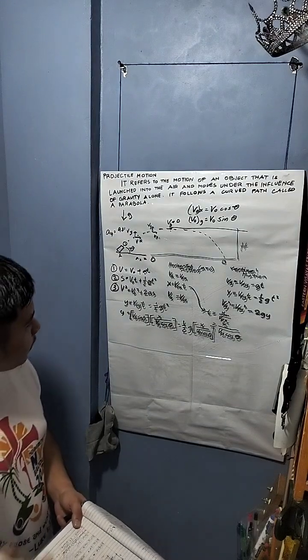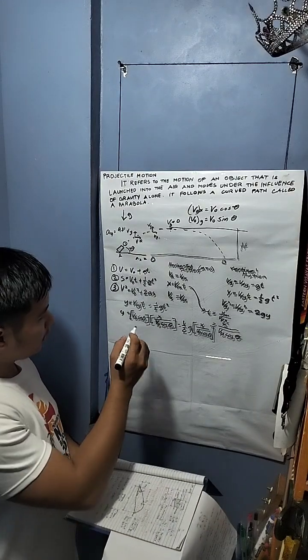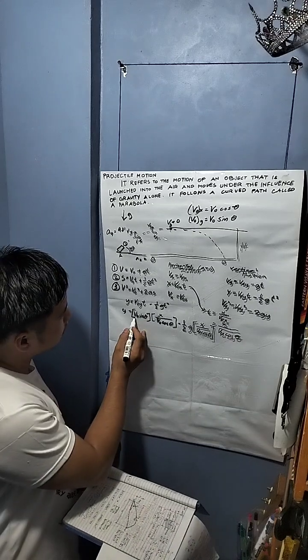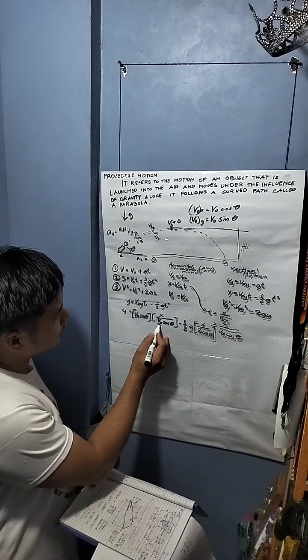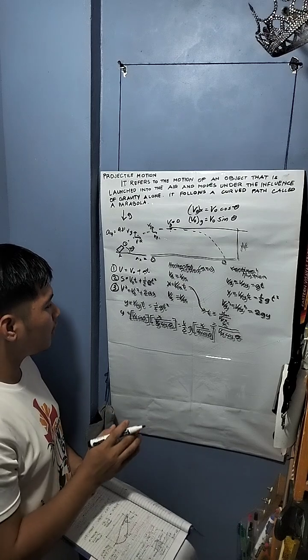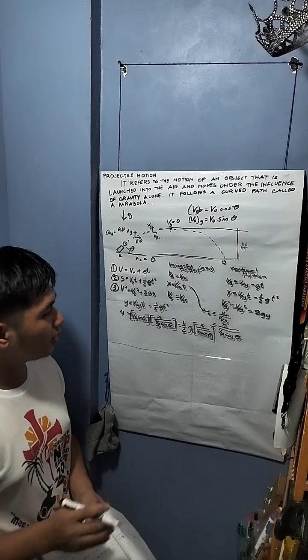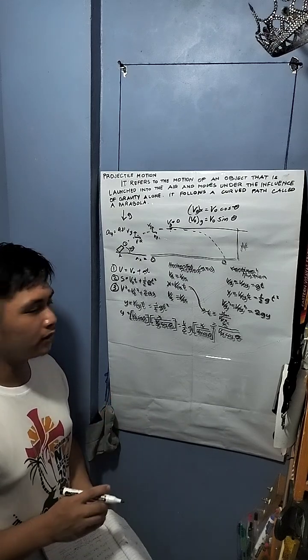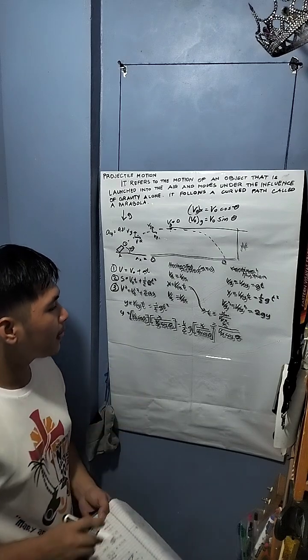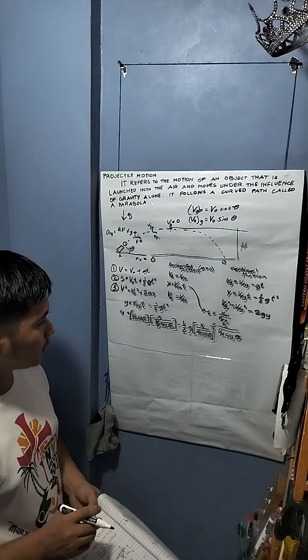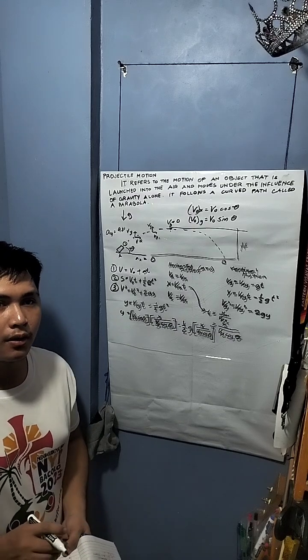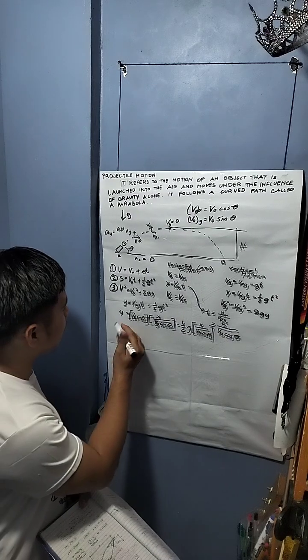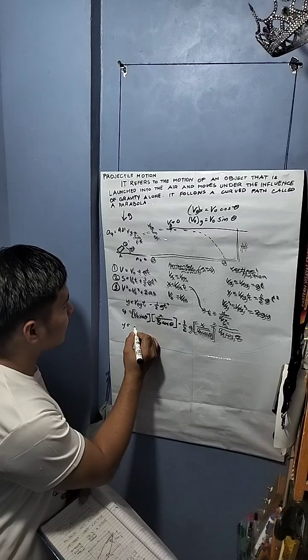Now, we can see that this V naught and this V naught will cancel each other, or V naught divided by V naught will become 1. And sine theta over cos theta is the identity for tangent theta.